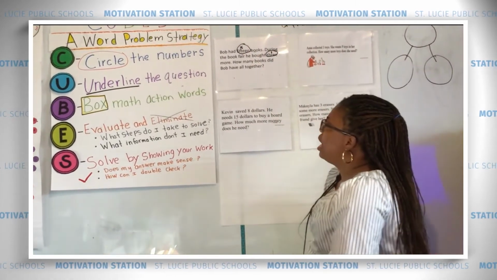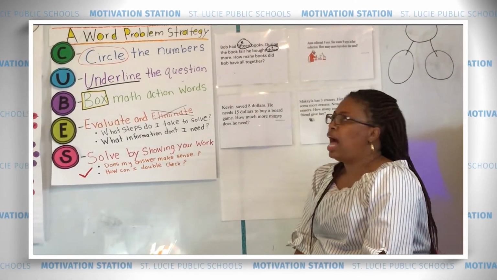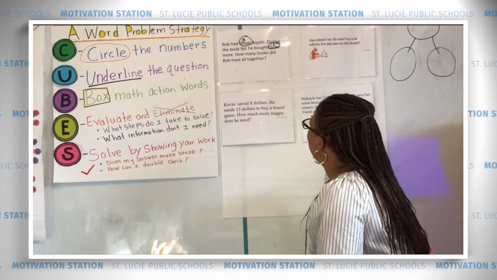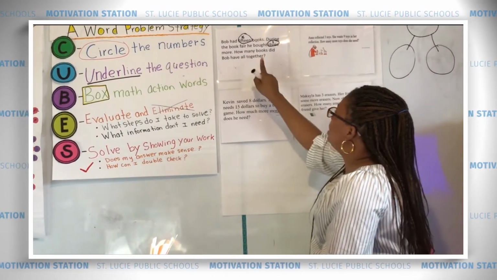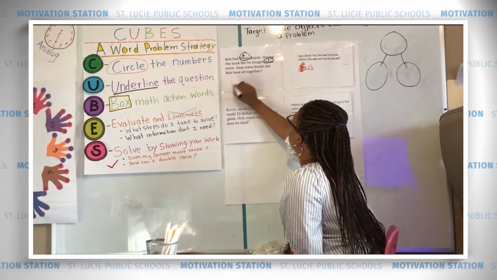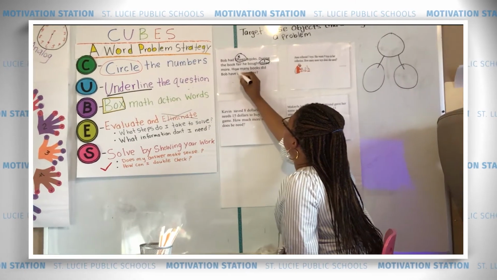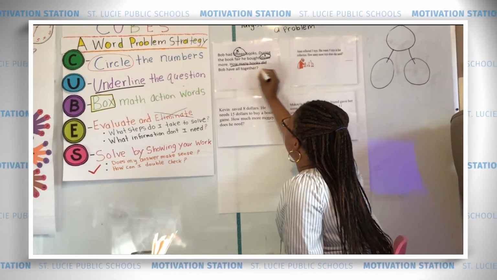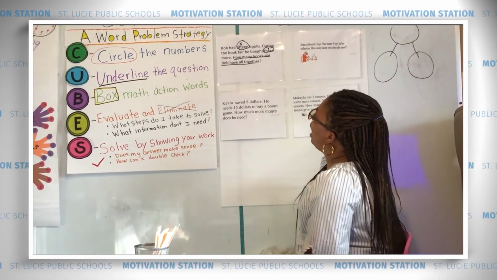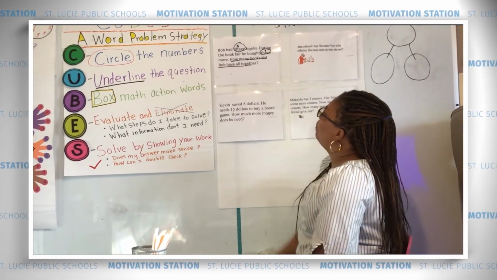Now I did that. What do I need to do next? I need to underline the question. Oh, but which one is a question? Oh, a question ends with a question mark. How many books did Bob have altogether? So that is my question. Any action words? Okay, he bought some books.